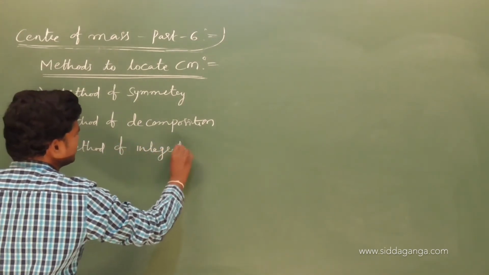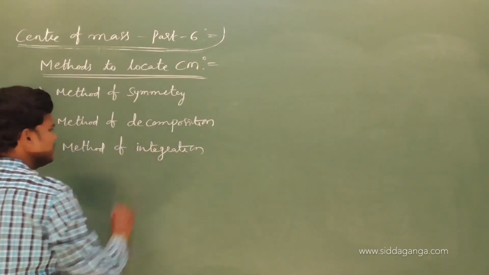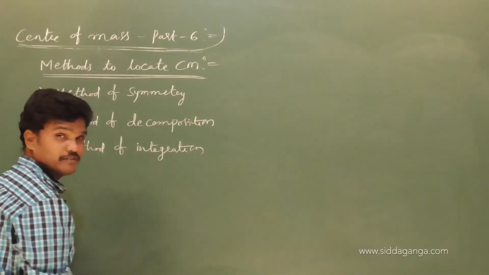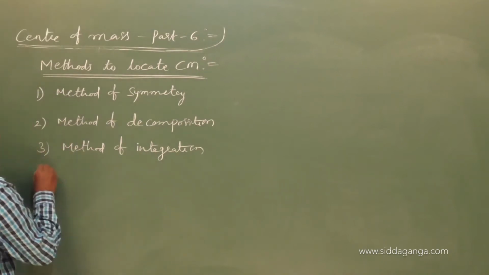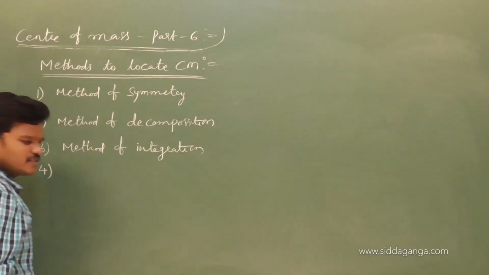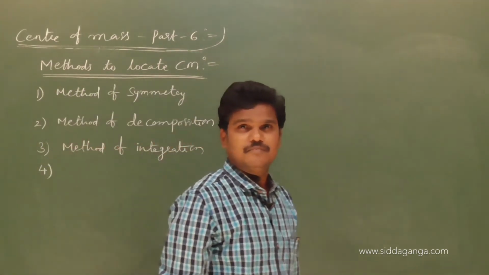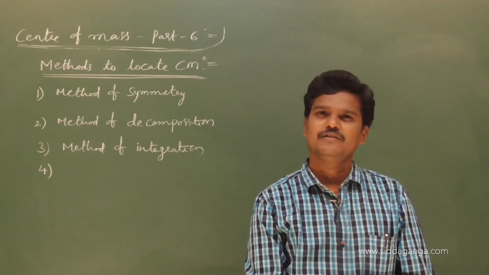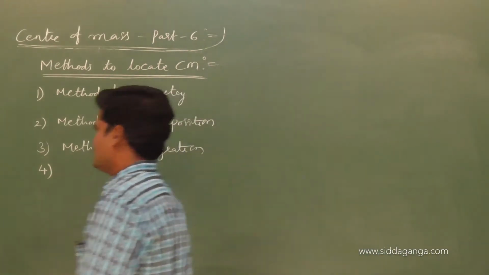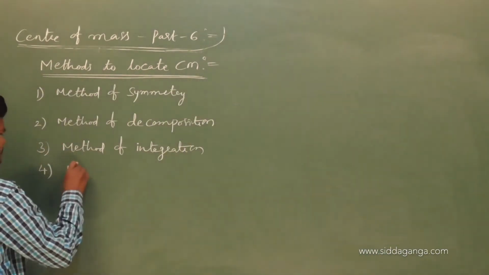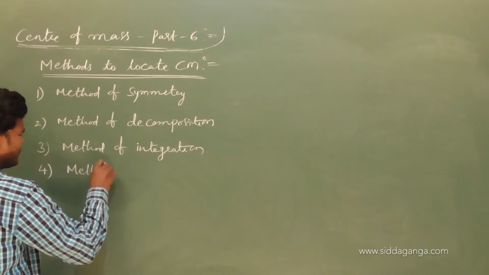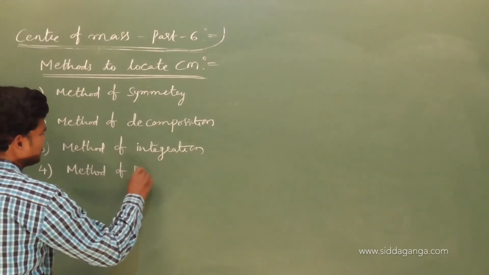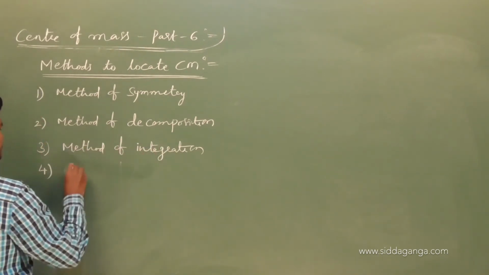So integration is little trouble for you especially. Okay, I will show you every derivation in case of integration. And one more is there, we can call it as Pappus theorem. Okay, earlier we used that theorem. Right now by using integration method only you will get the answers. Okay, let me write that also. Method of Pappus theorem.